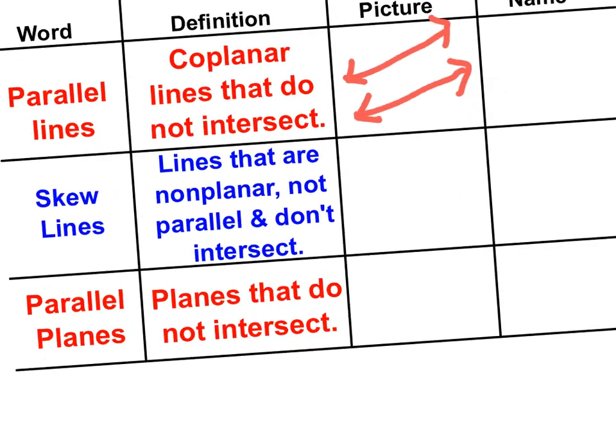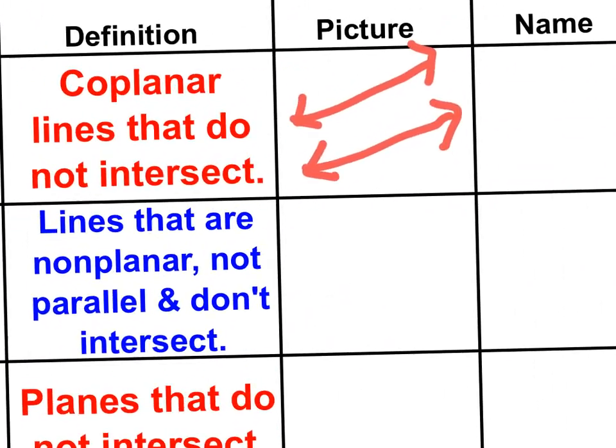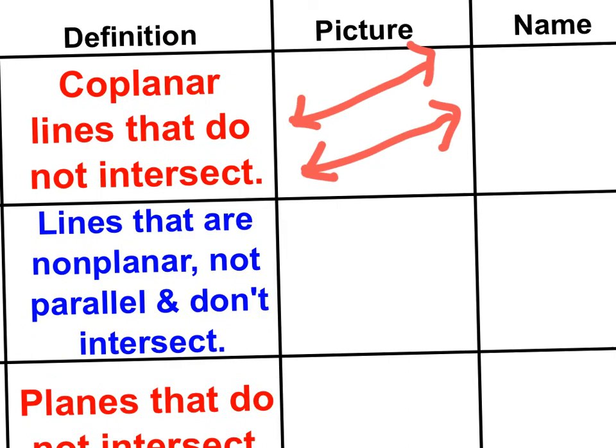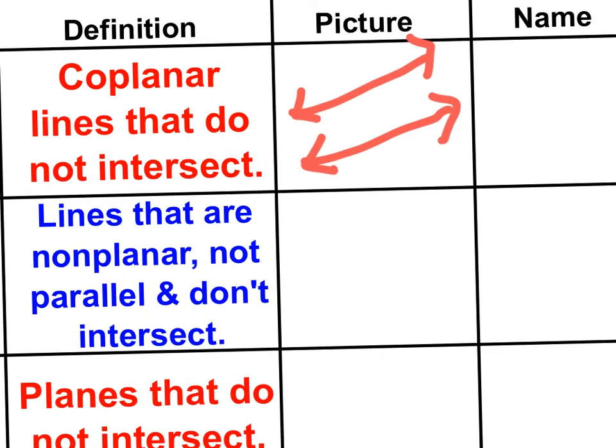I'm going to zoom in just so I can actually draw what I need. So maybe I have a fancy cursive L. And maybe this one's line M. If I want to denote that they're parallel, on the lines they'll have these little arrowheads in the middle. That means parallel. Now, if one has one arrowhead and the other has two, that means they're parallel to different lines. But if they both have the same number, then they're parallel to each other.